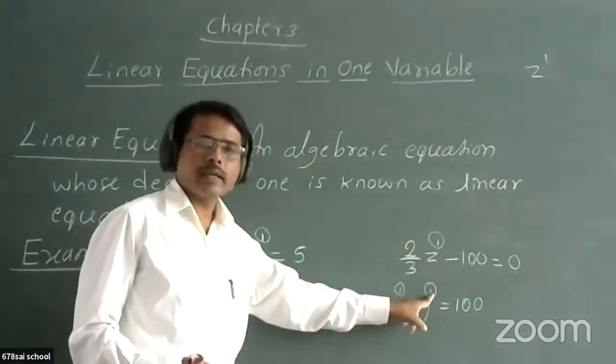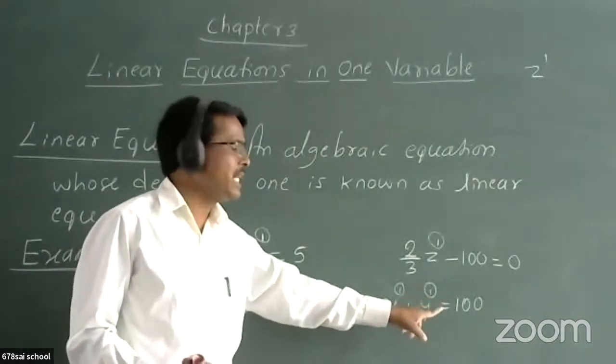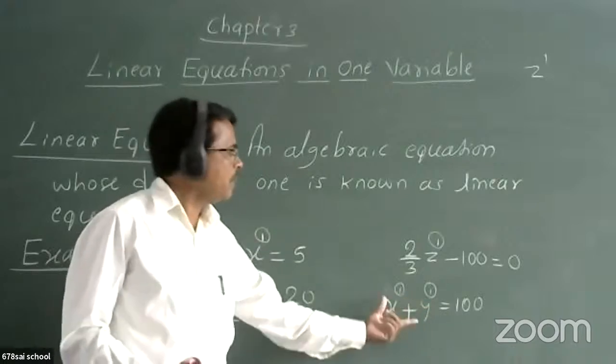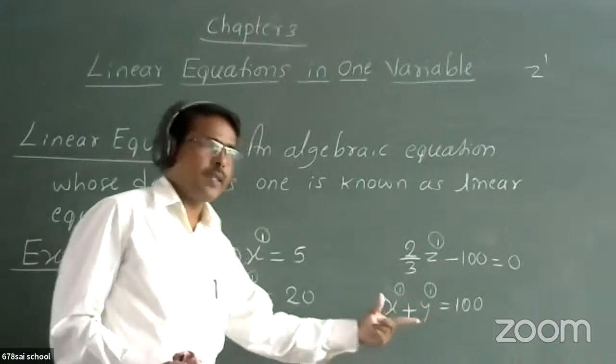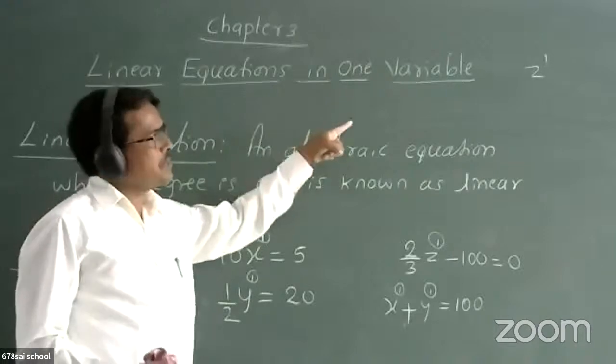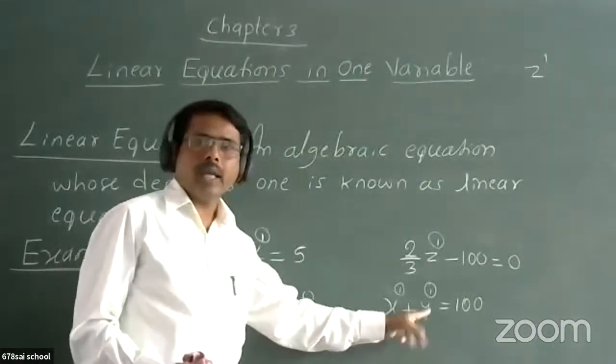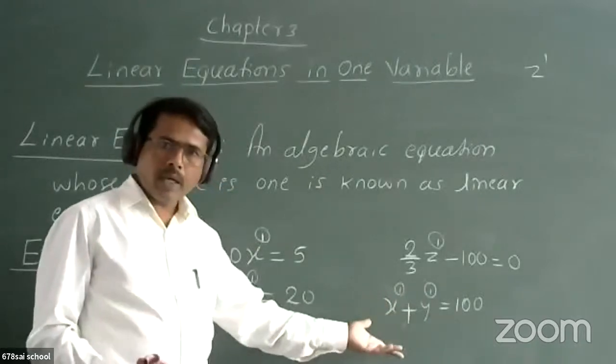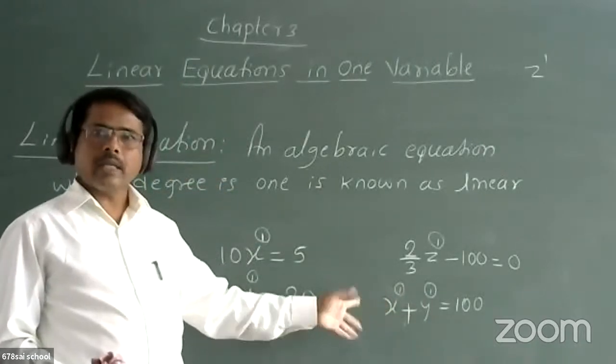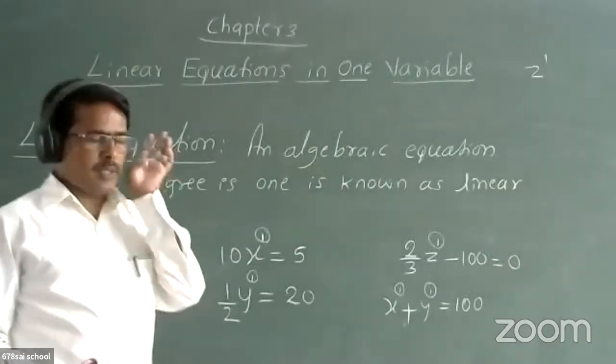Its degree is 1, highest exponent is 1, so it is a linear equation. But now we are going to study linear equation in one variable, so there should not be x and y. It can be x or y or z or any other variable, but only one should be there.